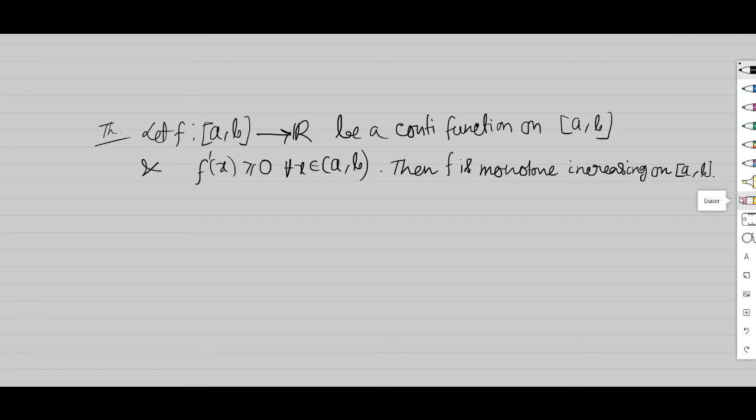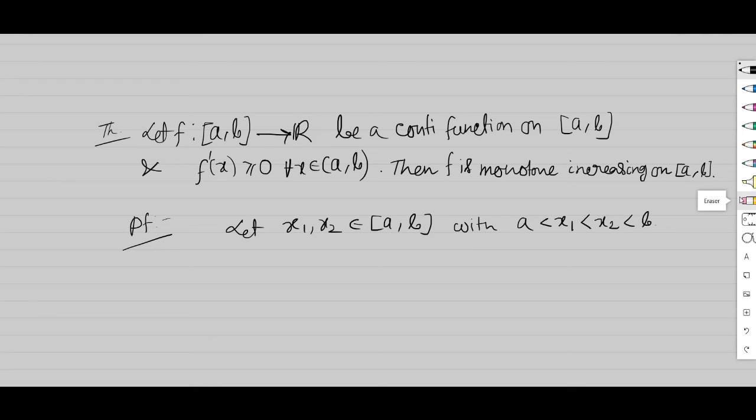So similarly, by the previous theorem, let x1, x2 be from the closed interval a comma b with x1 less than x2.